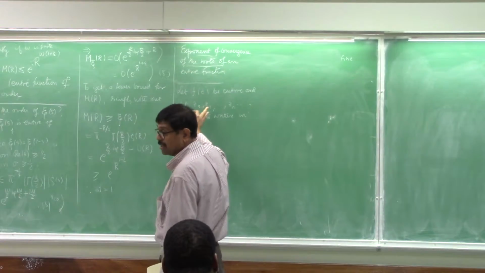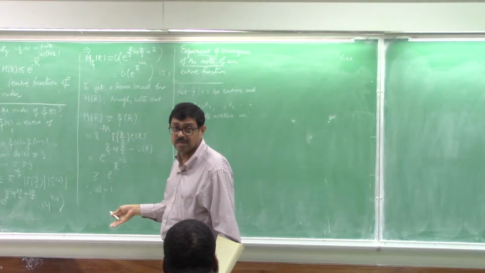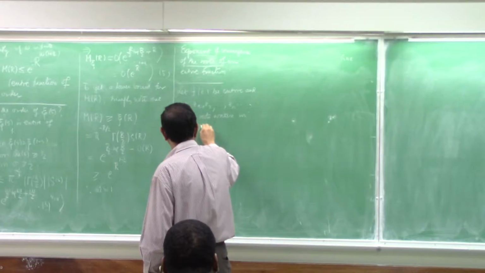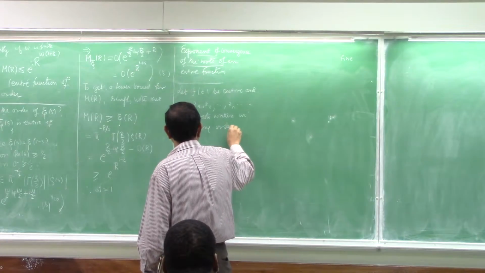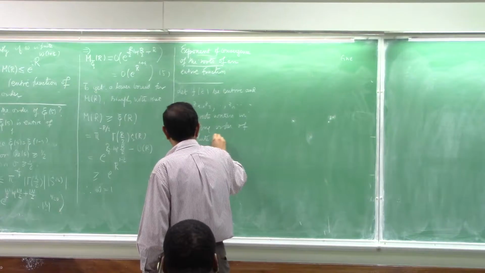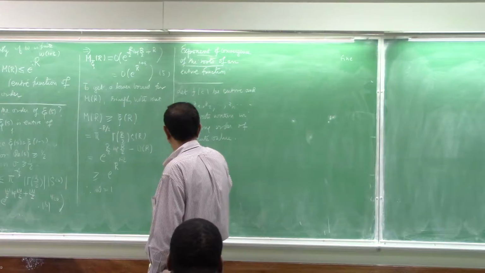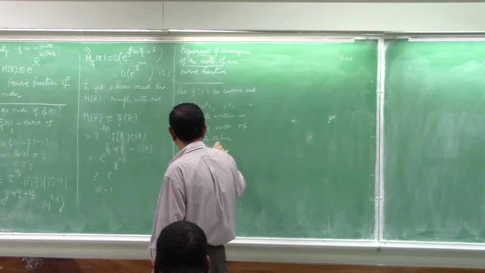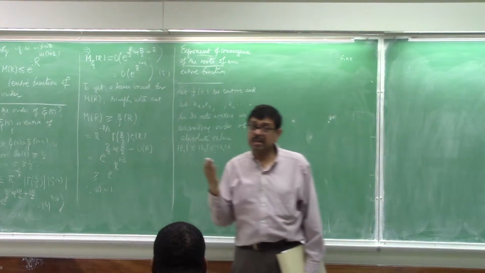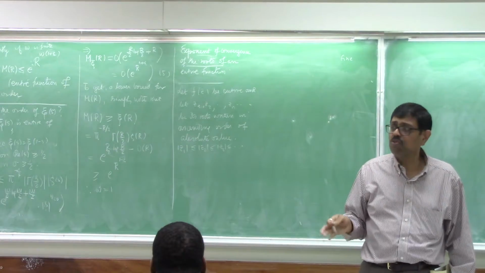Now this could be a null set. e to the z is entire, so there are no zeros. Okay. So written in ascending order of its absolute value, we have absolute z1 less than or equal to absolute z2 less than or equal to absolute z3 and so on. Roots can occur with multiplicity, then you write them as often as they occur.